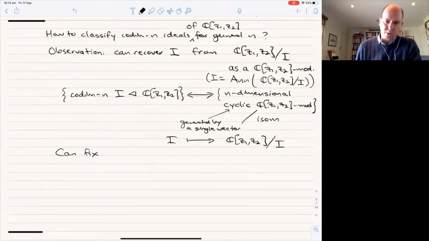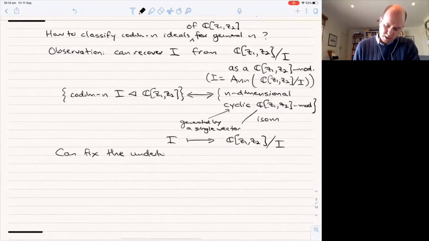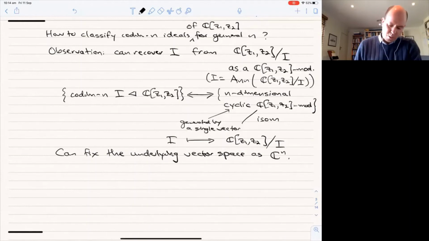For these n-dimensional cyclic modules, you may as well say that the underlying vector space is Cn. And then what extra data is needed to make Cn into a cyclic module over C, Z1, Z2?